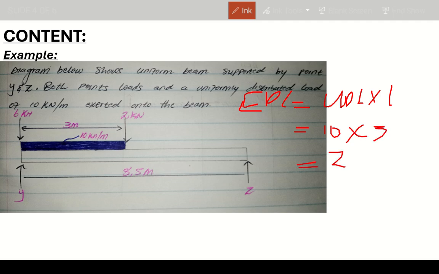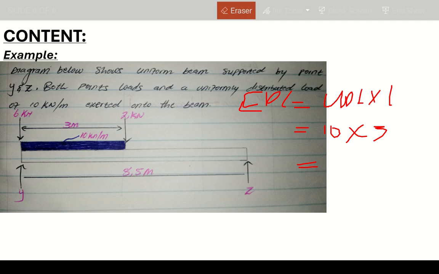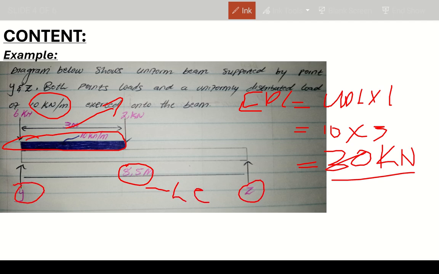So the answer will be 30 kN. So this is an example. It's just an example here. Anyway, there is no question that is asked, but I was just demonstrating, showing you where the UDL is, here is the length of the UDL, here is the overall length. And then here is point 1 or point 2, depending on how you name it. And then these are the point loads exerted on the UDL.